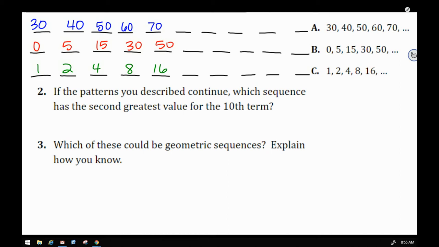All right, I'll give you a minute to do the math and then I'll make one of you tell me the answers. Did you say circle the second biggest one or the biggest one?